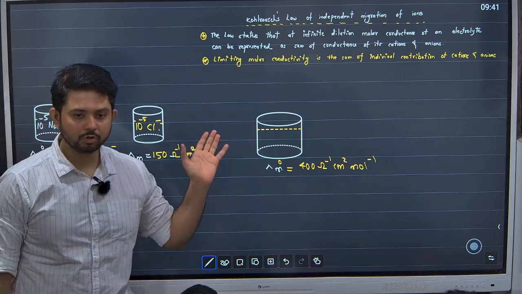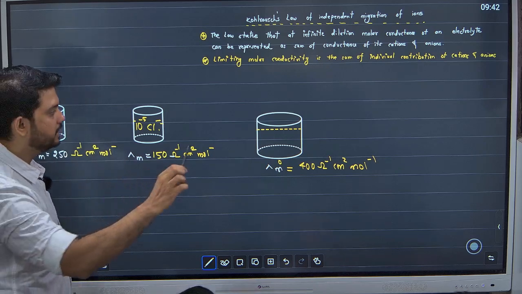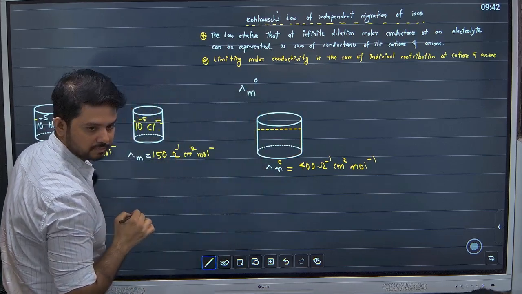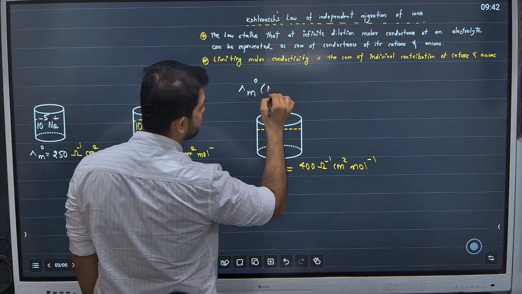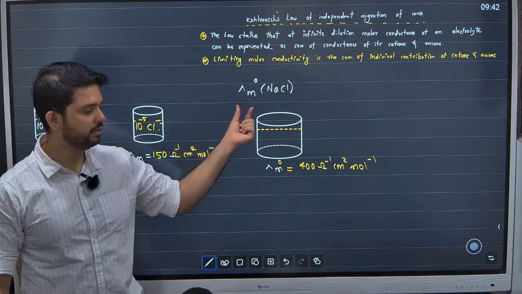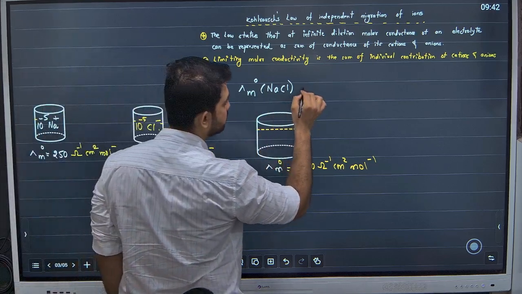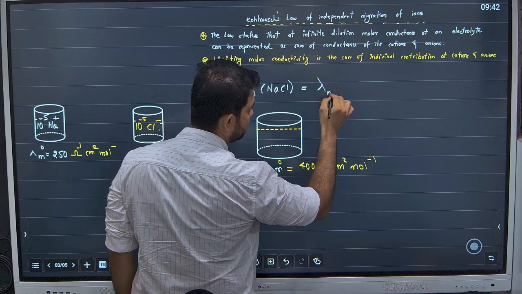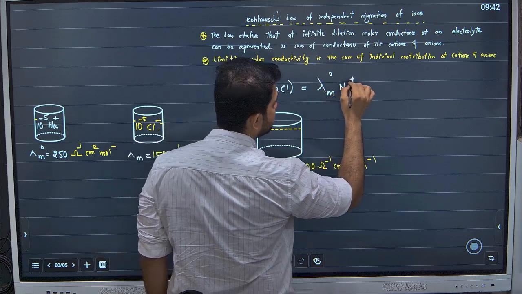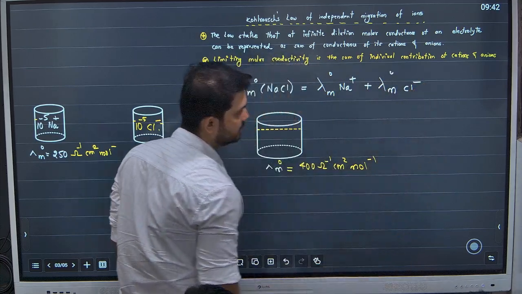In short, what is Kohlrausch trying to tell us? That the limiting molar conductivity, or molar conductivity at infinite dilution, for any electrolyte, I repeat, the molar conductivity at infinite dilution for any electrolyte is the sum of the molar conductivity at infinite dilution of its respective cation and the molar conductivity at infinite dilution of its anion.